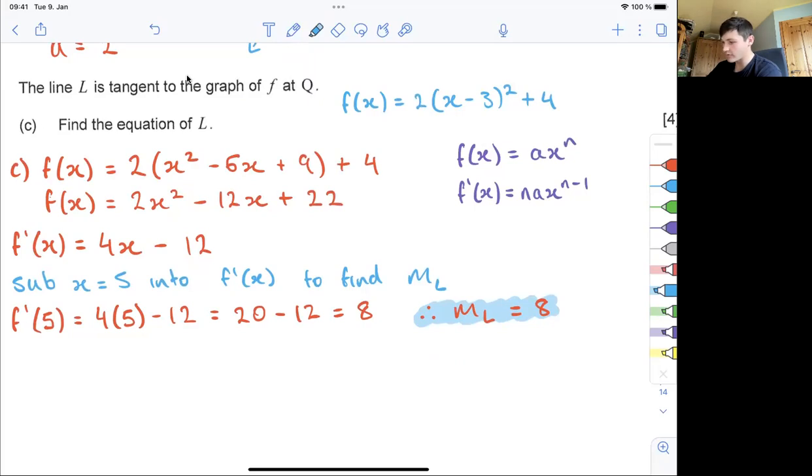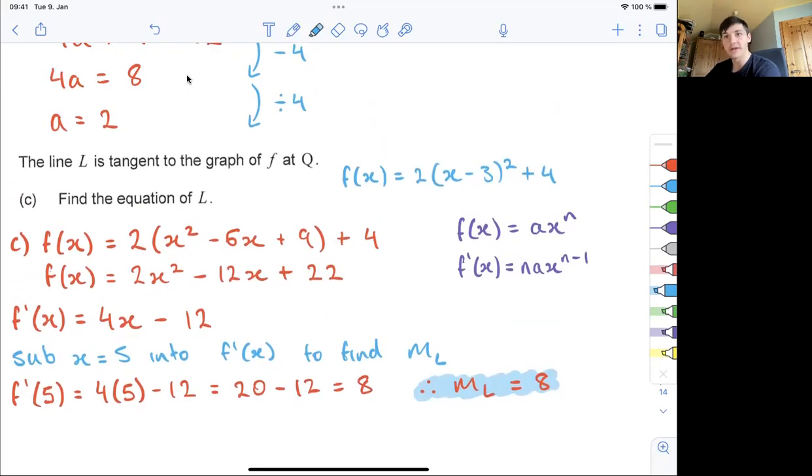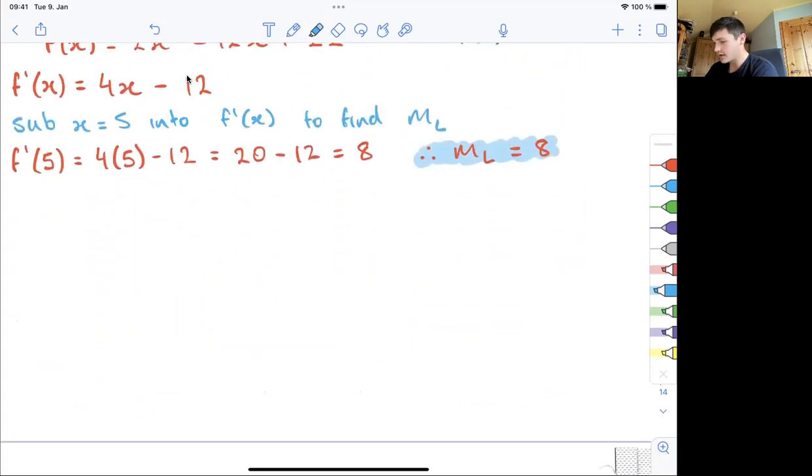So we have m, we've got a y value, we've got an x value, and rearrange it to find c. Both are equally fine, and I'm going to show you both ways here to find the equation of line L.